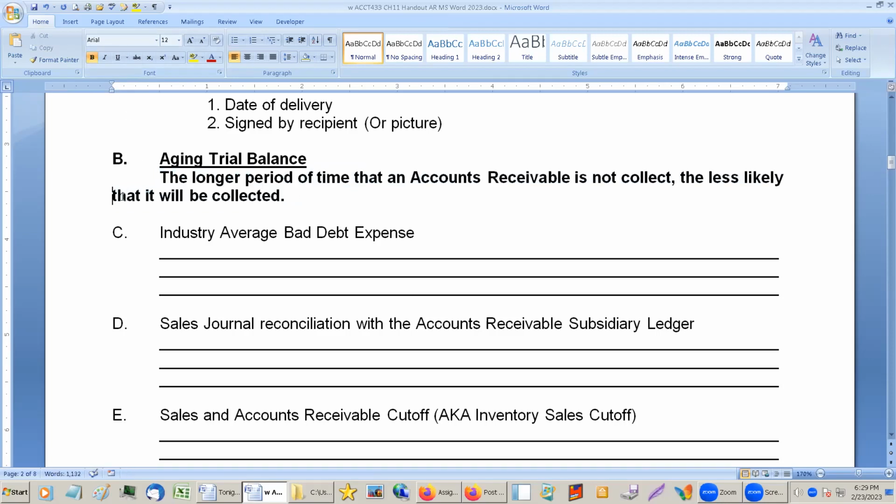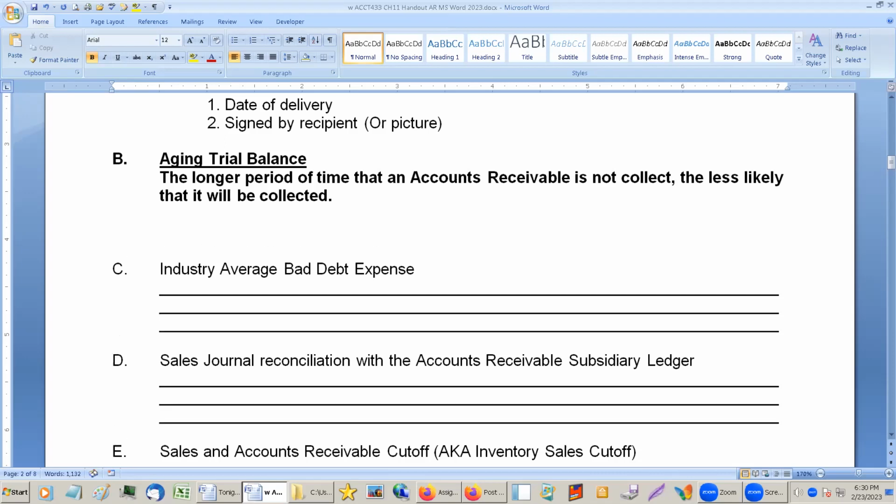And so they do what they call an aging of accounts receivable, and you guys, I'm sure, have done this. If the account is current, maybe there's a 2% chance that it's going to go bad.